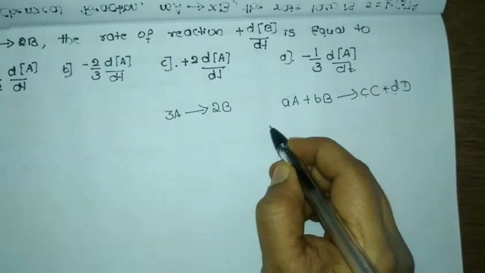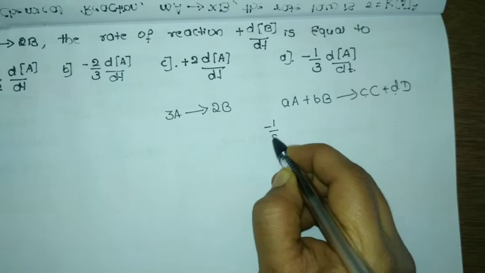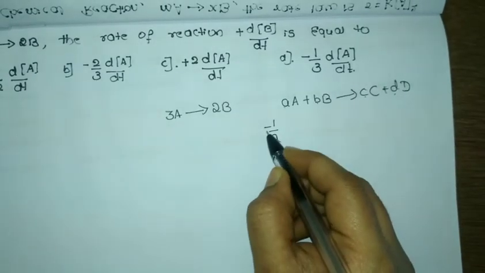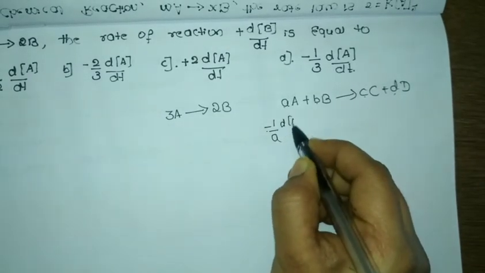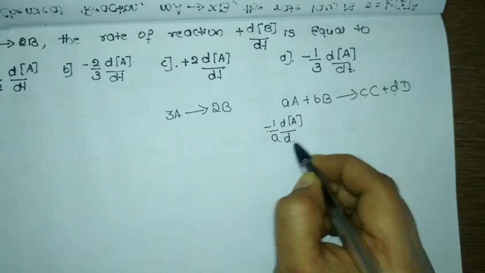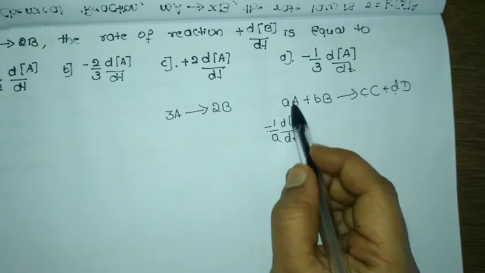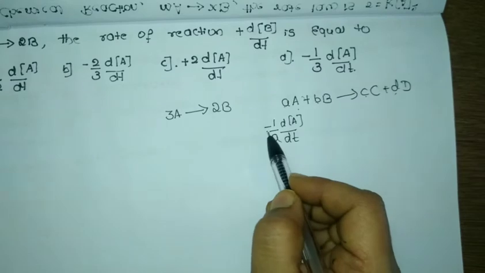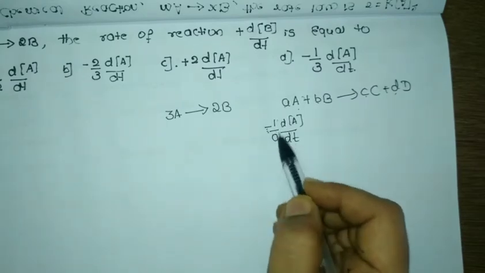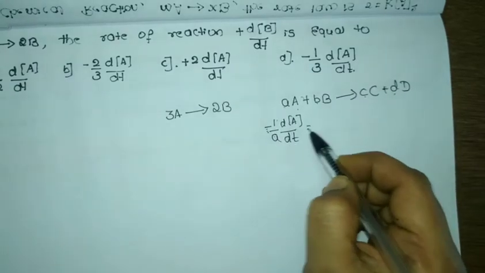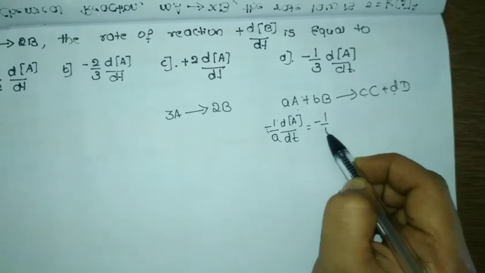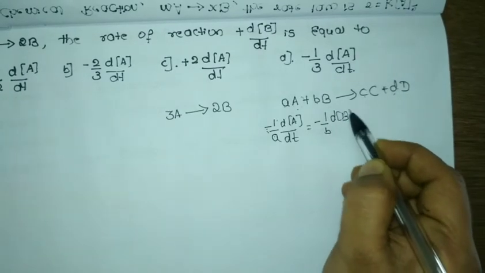So how could I write it? 1 by a, with a minus, because of the change in the concentration of A with respect to time. Since the reactant concentration decreases, I am representing it by the minus. So minus 1 by a dA by dt is equal to minus 1 by b dB by dt.